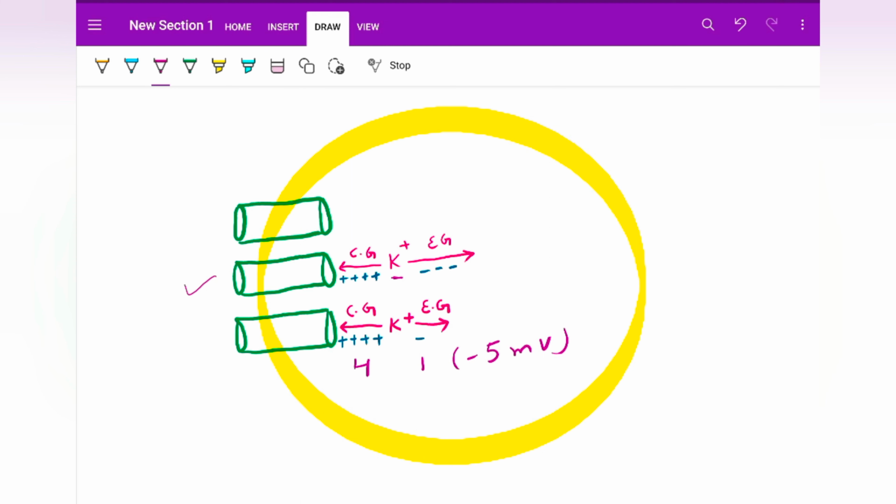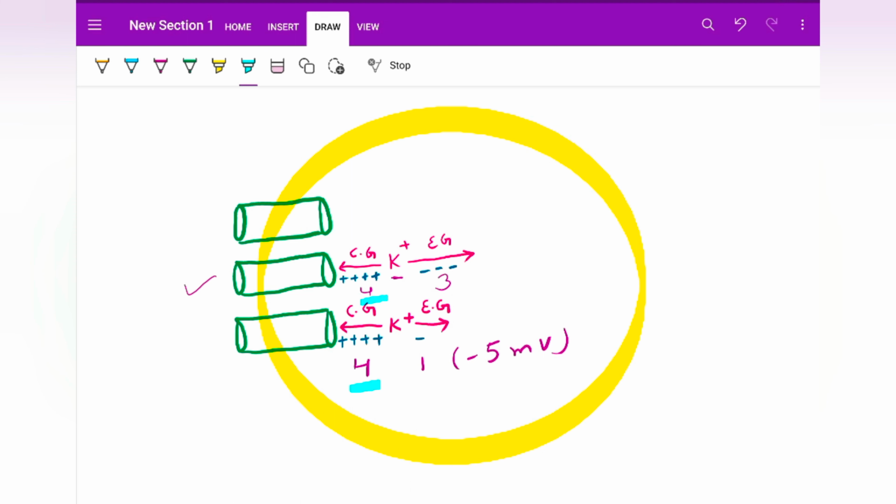So let's just say the concentration gradient is still 4, but the electrical gradient has now become 3. See, in the beginning the concentration gradient was 4, now also it is 4. It is because I've told you earlier also, the concentration gradient does not change much because total K plus present inside the cell is too much. And also there is very little shift of potassium to produce a diffusion potential.